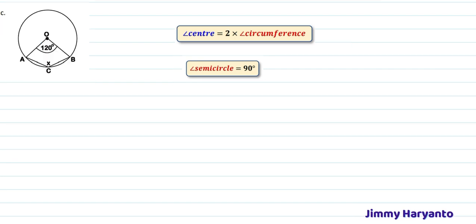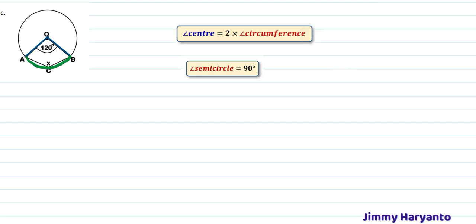Okay, next is C. We have this image of a circle. So we have the angle at the center, which is 120. I want to show you something in this question. 120 is facing AB as the arc, and also, oh my bad, it should be blue for the angle at the center.